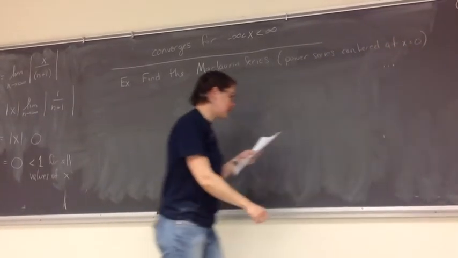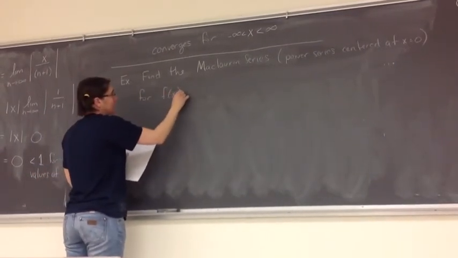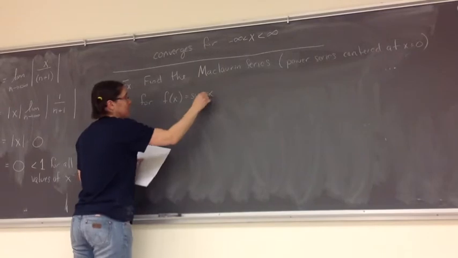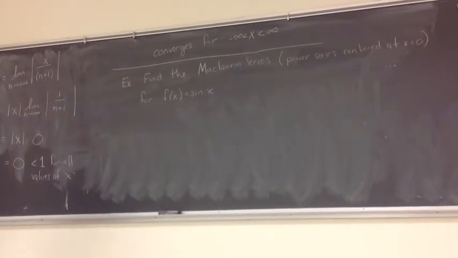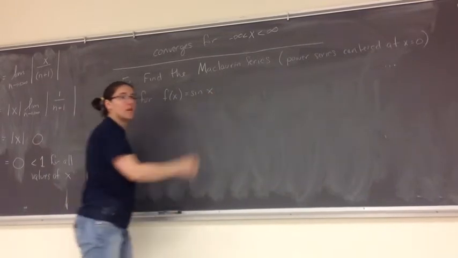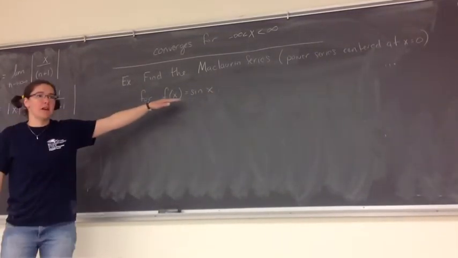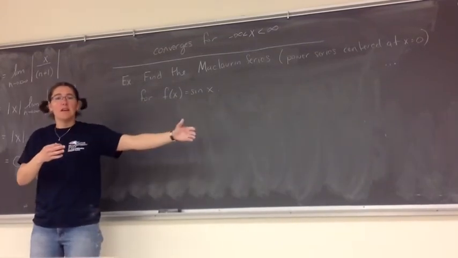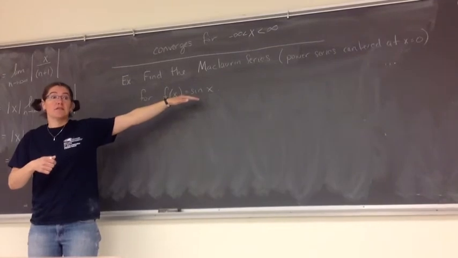So find the Maclaurin series for f of x is equal to sine of x. Okay, so we're given our function f of x equals sine x, and we'd like to write down a power series to represent sine of x.